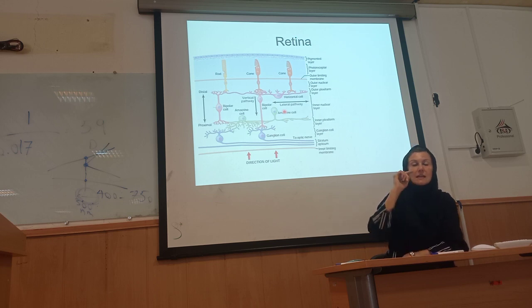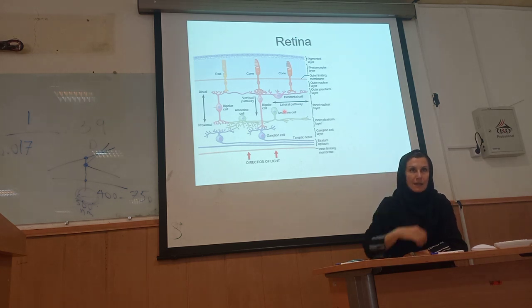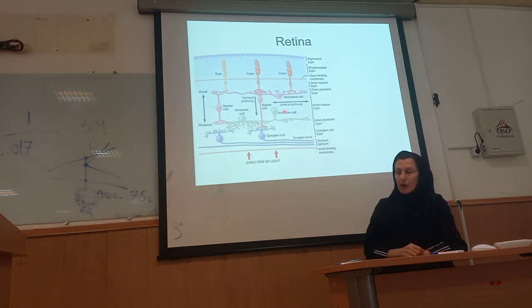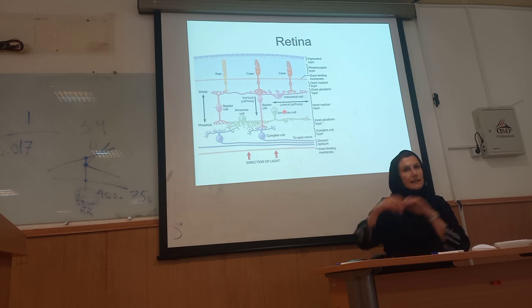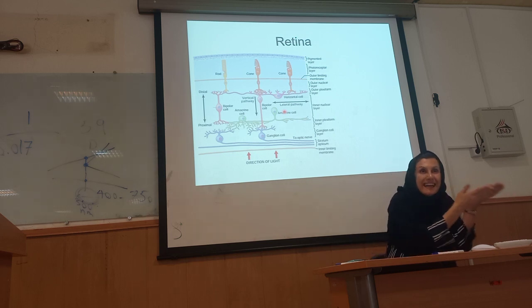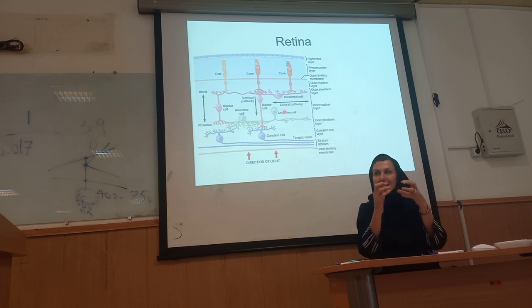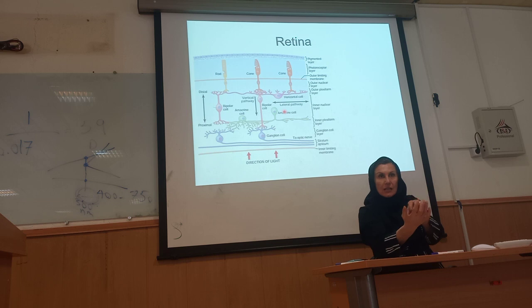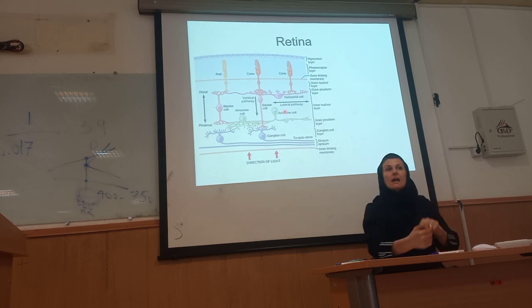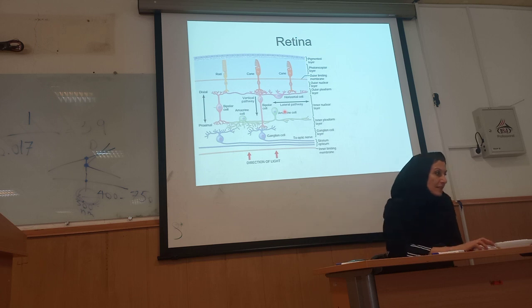They not just send signals to the higher parts of the CNS; something happens here in the retina. Some changing, some understanding of the light waves happens here by these synapses. So the retina is a neural part and very important.